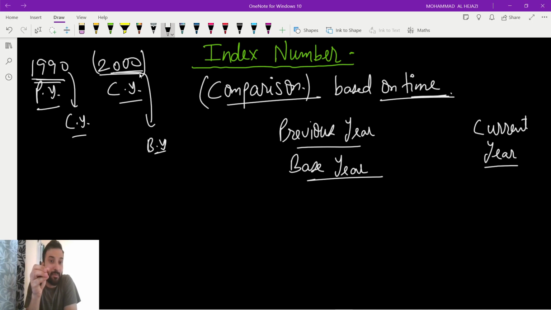After the examination, students call me: sir, you told that 1990 is the previous year, but they gave 2000 as the previous year. So what to do? If they give 2000 as the previous year or base year, take 2000 as the base year, and then 1990 will become the current year.